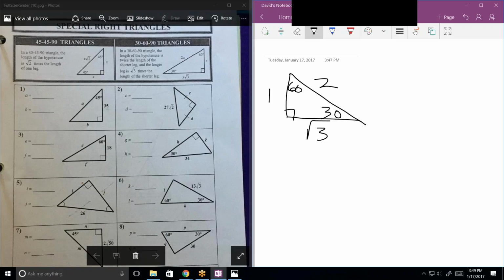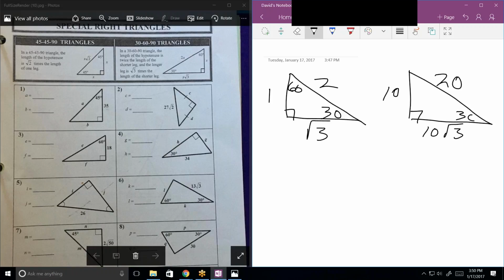Notice that's pretty much what they've written here without the x. This is a similar triangle if I said 10, 10 root 3, 20. Those triangles are similar.